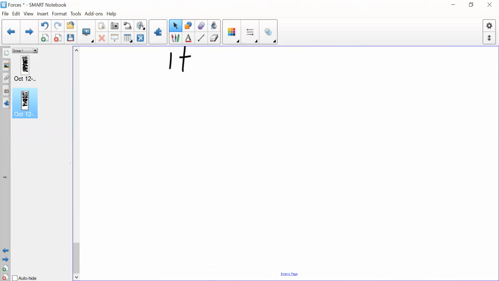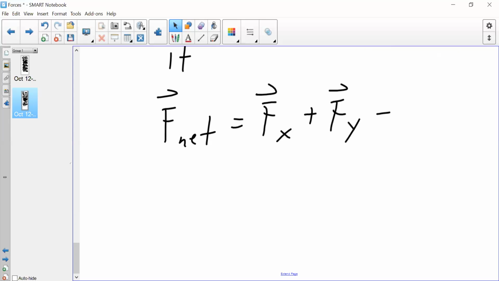Now, if we were curious how to represent that mathematically, we know that the total forces in the system, in this case, equal 0. But what are the forces in this case that make it 0? Well, it's all the forces in the x-axis and all the forces in the y-axis. F net is equal to F sub x plus F sub y equals 0. This equation tells me that the net force, the total amount of force, is made up of all forces in x and in y.